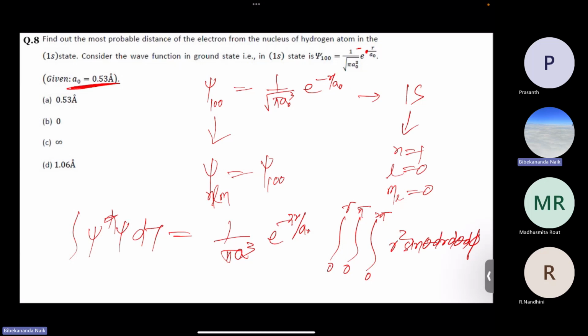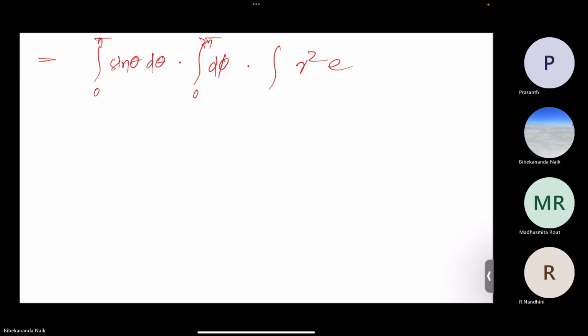So here you see only r is present, so you will take the r part outside and we will integrate the spherical part, that is 0 to pi sine theta d theta into 0 to 2 pi d phi, into r square e to the power minus 2r by a0 dr from 0 to r. And with it we have, initially, 1 by pi a0 cube.